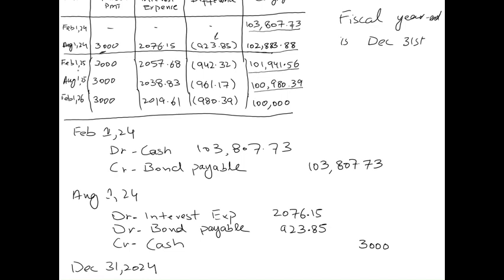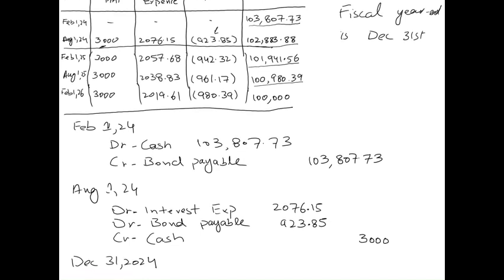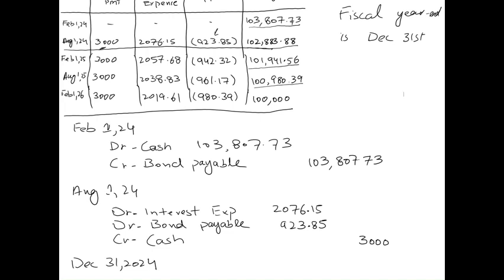the next payment is on February 1st, 2025. So if we do not do an entry, we won't be able to cover off the period from August 1st to December 31st. So from August till December 31st, that is August, September, October, November, and December.